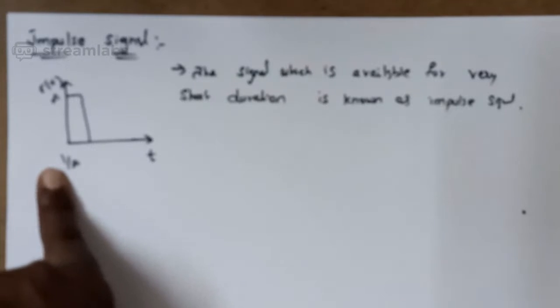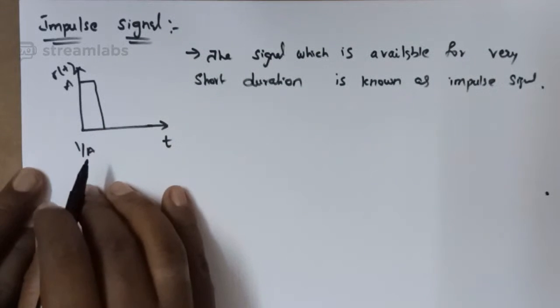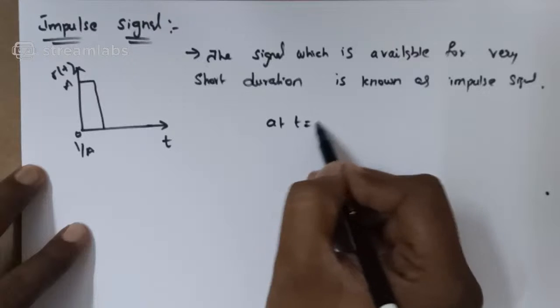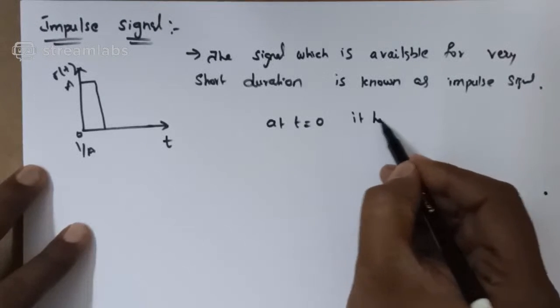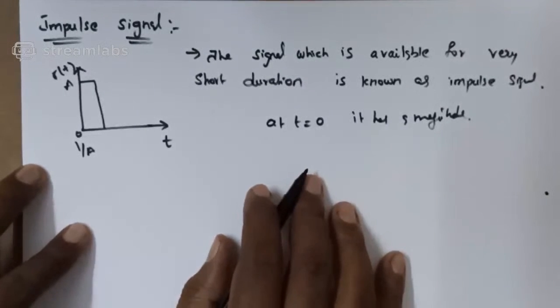So the ideal impulse signal is the unit impulse signal, which is defined as a signal having zero values at all times except at t is equal to 0. So it has a value only for a very short time at t is equal to 0.